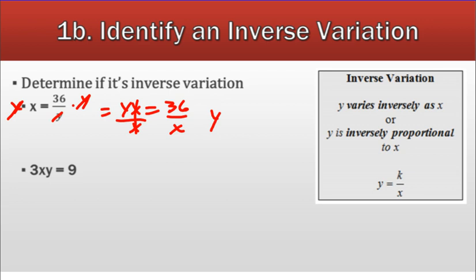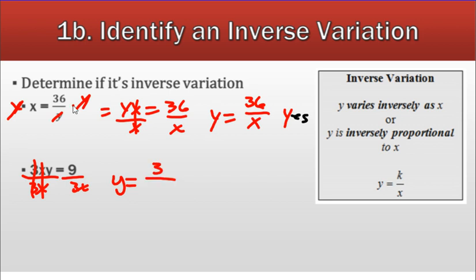And I get y equals 36 divided by x, which, yes, this is inverse variation. Last one here. To get y by itself, I divide by 3x on both sides. And I end up with y equals 9 divided by 3 is 3. I have x still in the denominator. So yes, this is inverse variation.